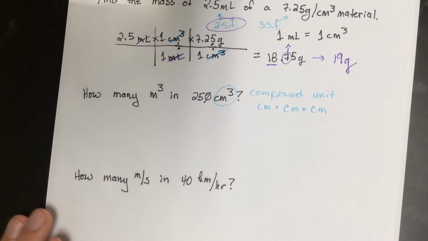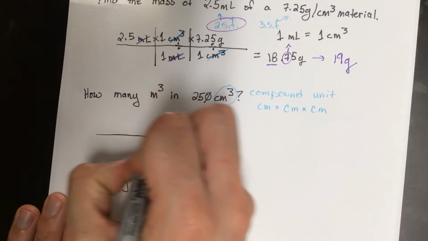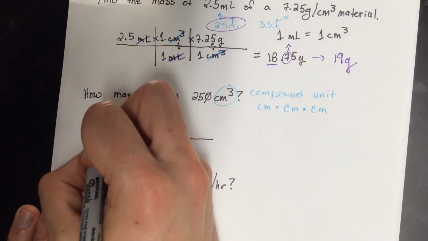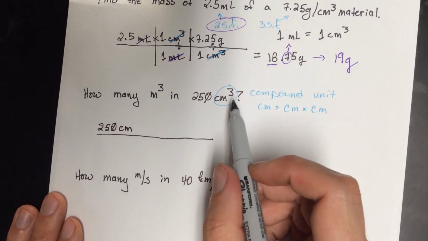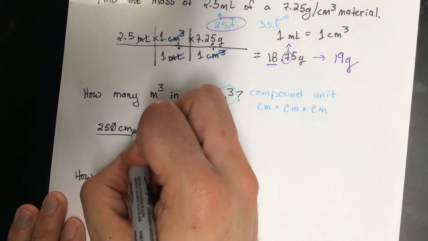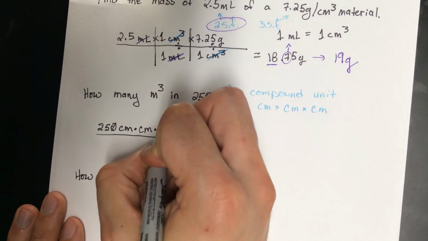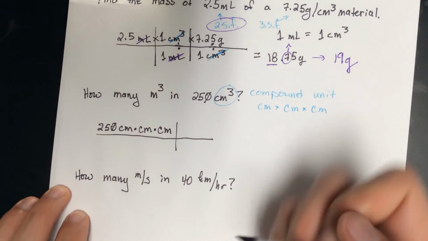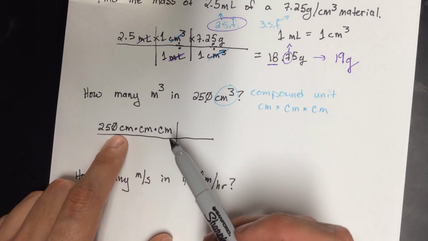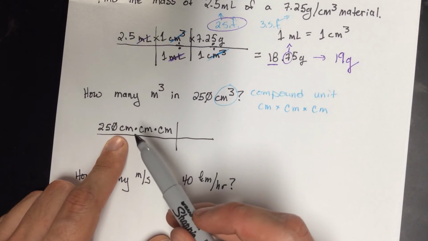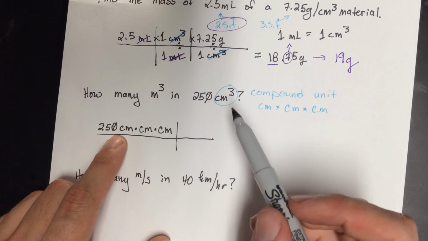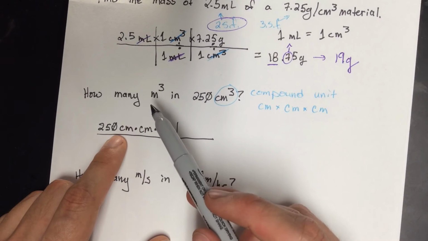So when I prepare to write out my railroad tracks, and I draw my long horizontal line, and I put my number from the problem that's not a ratio, I'm not going to write centimeters cubed. I'm going to write centimeters times centimeters times centimeters. And the reason for that is that during my conversion, I must cancel out each of these 3 centimeters in order to convert from centimeters cubed to meters cubed.